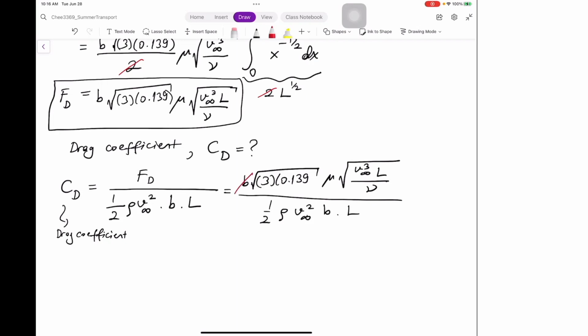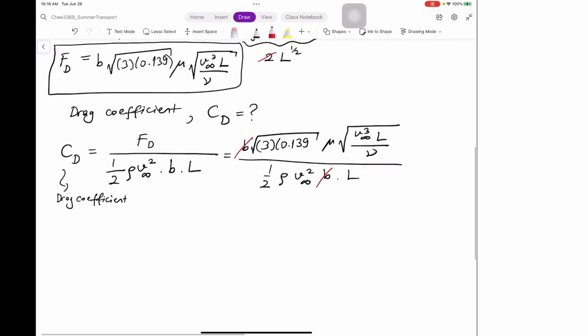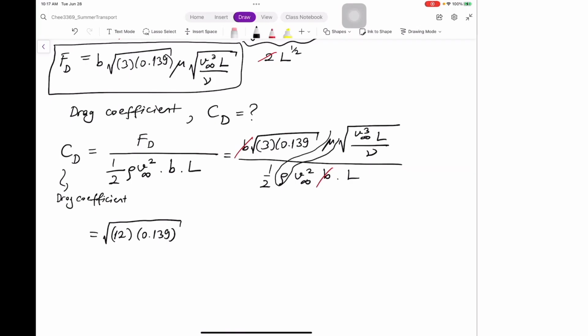These cancel. And you get square root of 12 times 0.139, mu over rho, this is nu, right? So you can take it within the square root.